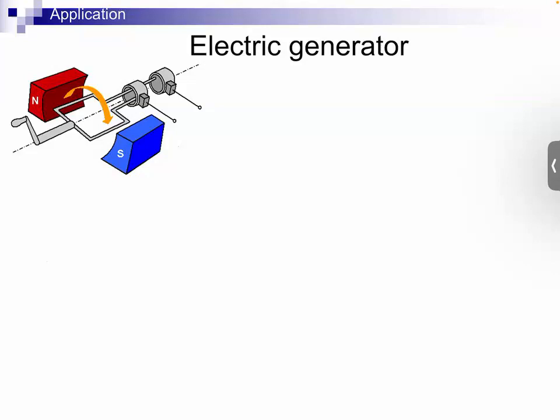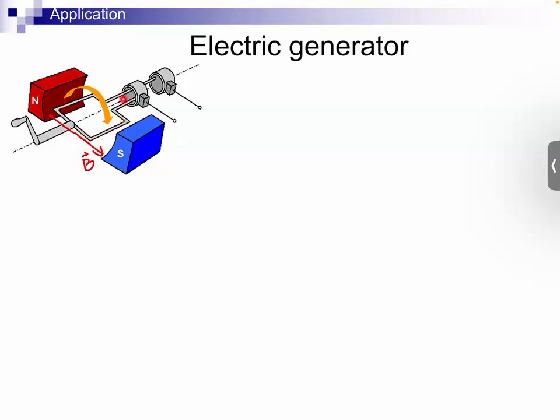All right, so one example of electromagnetic induction is the electric generator. So here you have a magnetic field, say you have the North Pole and the South Pole of a magnet. Of course, we know the magnetic field goes from the North Pole to the South Pole, right? So there is a magnetic field in this region between the poles.